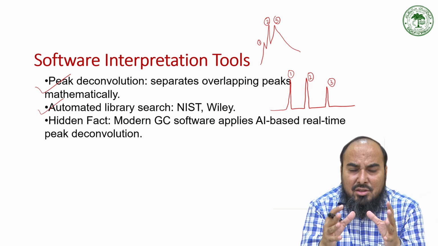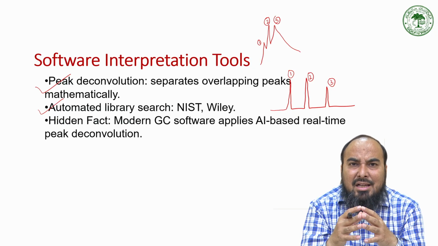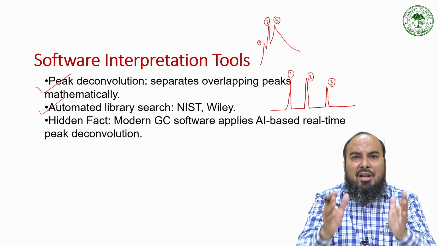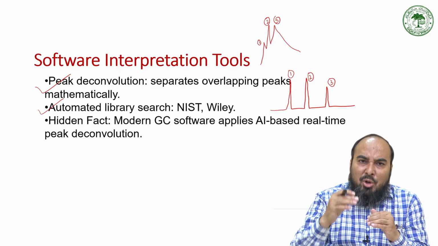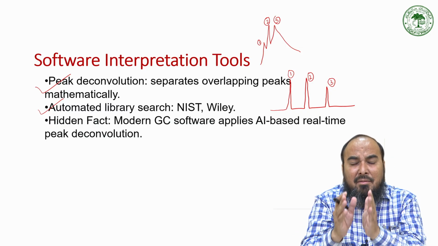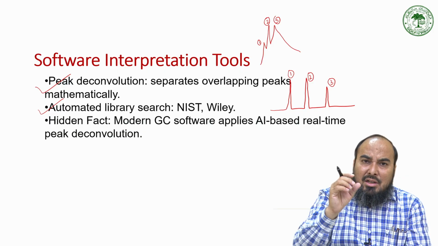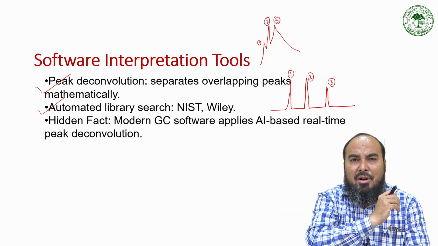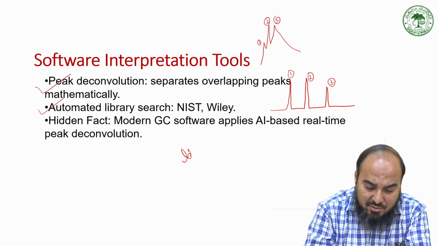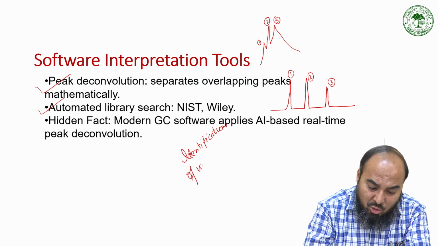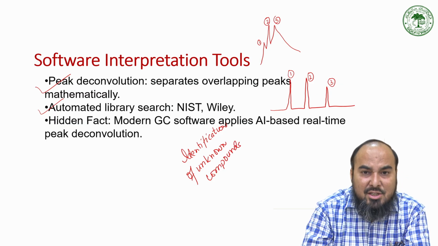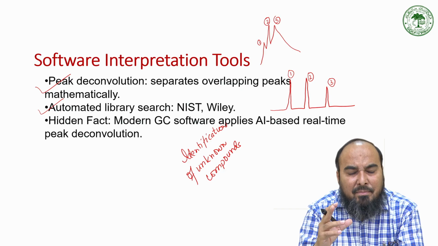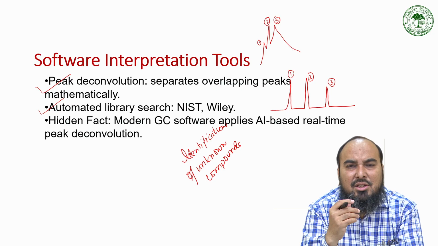Similarly, the modern GC software is coming with all these tools, where you have an inbuilt library in the GCMS, and the GCMS does certain permutations and combinations, and it matches your peak height, and also the TR and other factors to its library, and it gives you proper identification of unknown compounds on the basis of their TR, the height of the peak, the width of the peak, and different conditions.